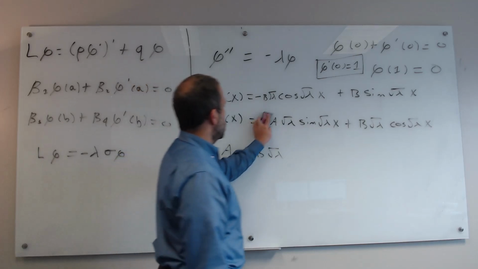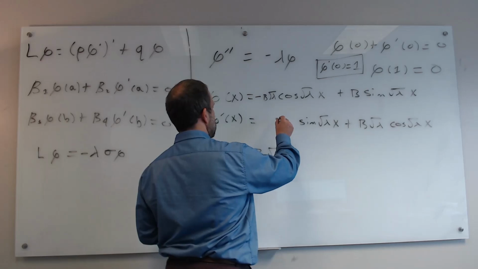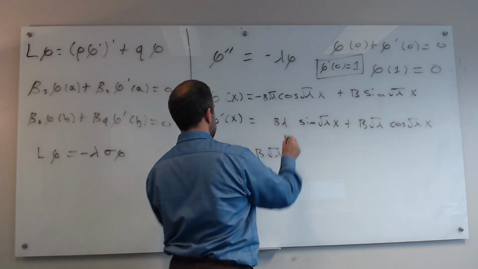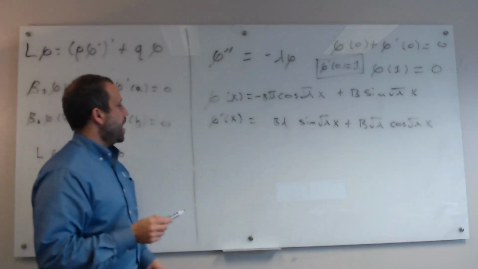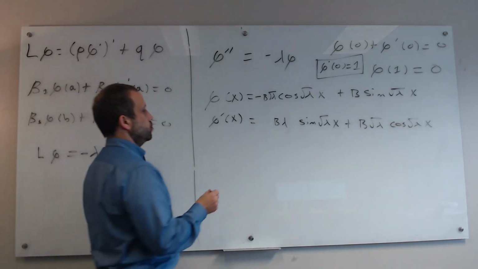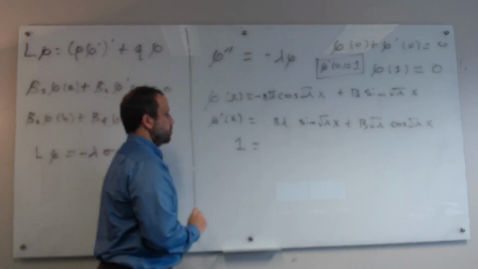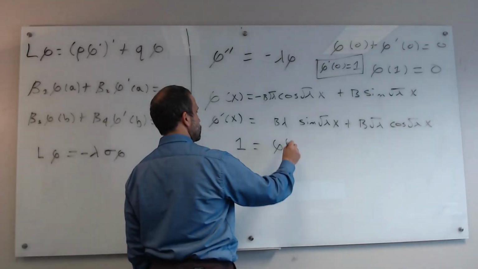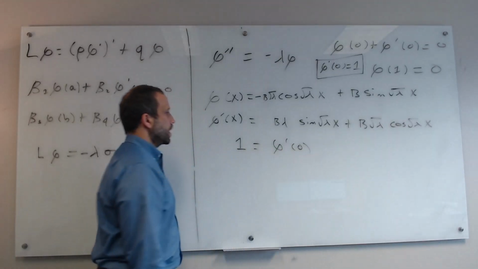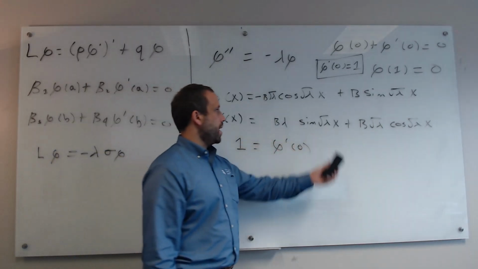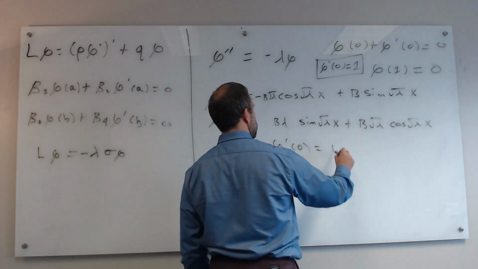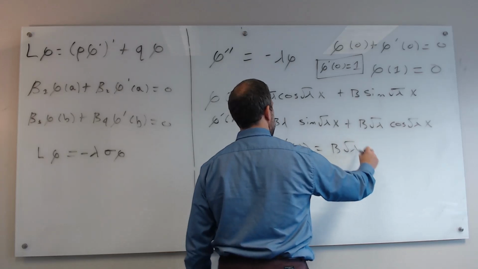So then here we're just going to have b times lambda. Okay, and phi prime of 0 is equal to 1. So what we're going to have here is 1 is equal to phi prime of 0. If you plug in x equals 0, this goes away, and you're just left with b times the square root of lambda.